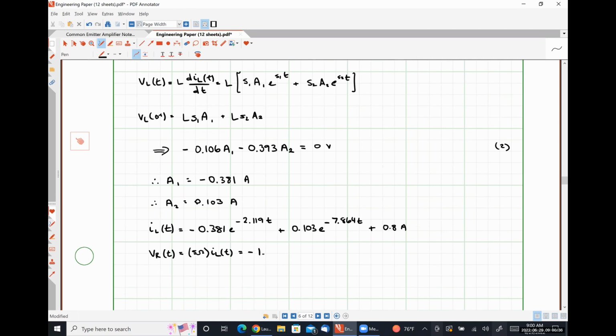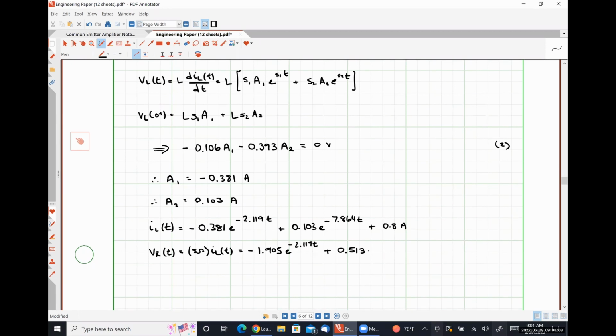So that's going to be negative 1.905 e to the negative 2.119 t plus 0.513 e to the negative 7.864 t plus 0.8 times 5 is 4 volts.